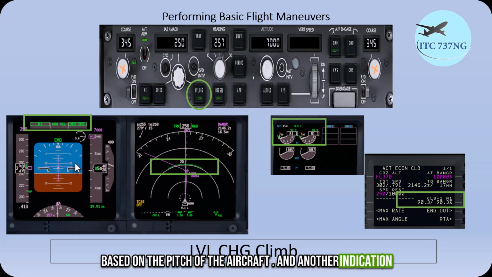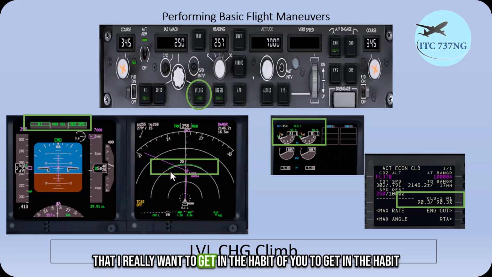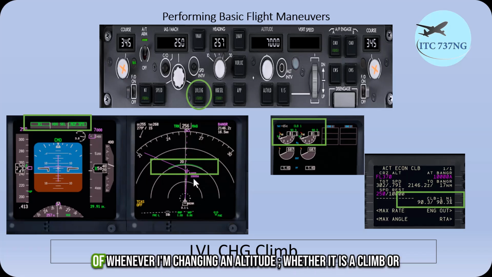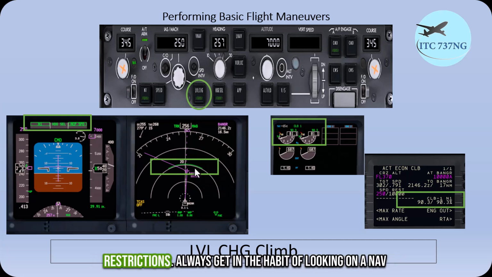And another indication that I really want you to get in the habit of, whenever I'm changing an altitude, whether it is a climb or a descent, I get this altitude arc. That is going to be very important later for approaches and compliance with altitude restrictions.